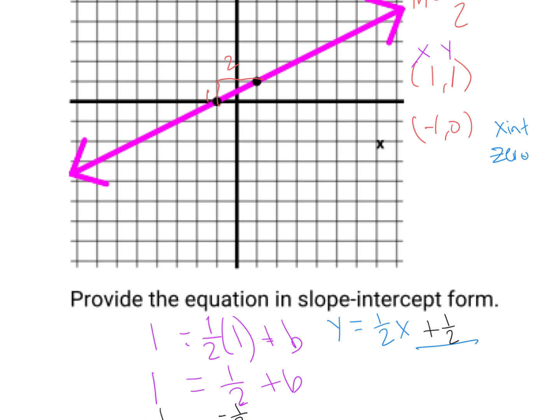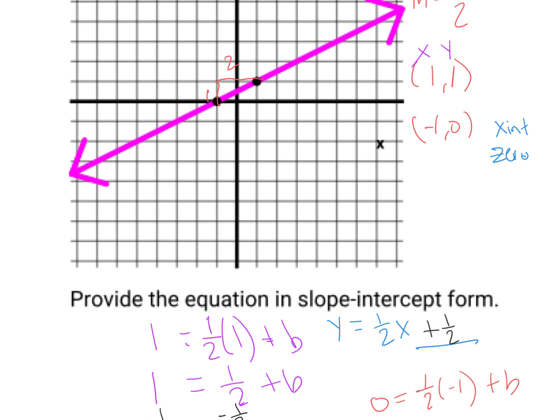So the biggest mistake on this problem that students could make is if they use the other point. So just real quick, if we use the other point, and y'all do not have to write this down, x is negative 1, so 1/2 times negative 1 plus b equals my y, which would be 0. The mistake that students would make is that they would magically move that equal sign in between the 2 numbers.